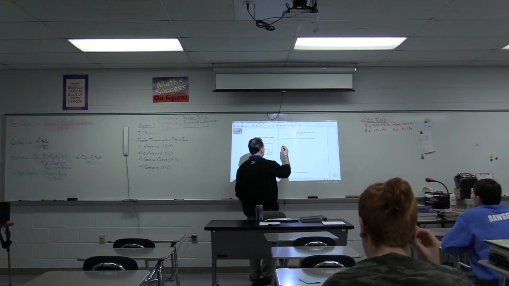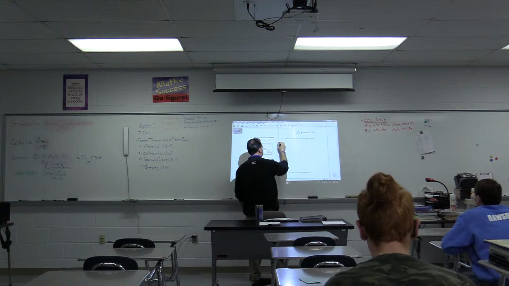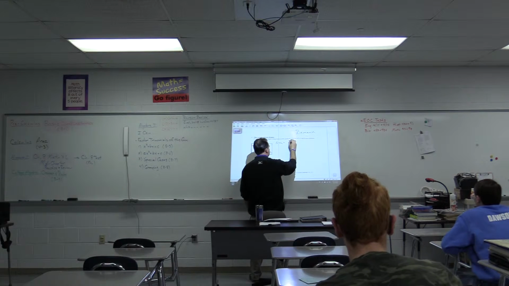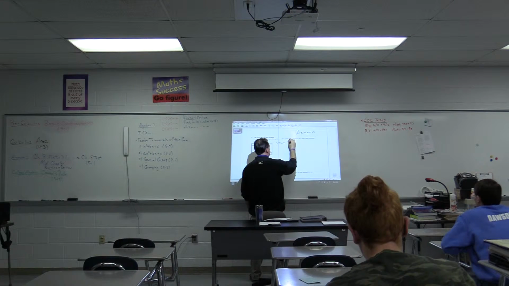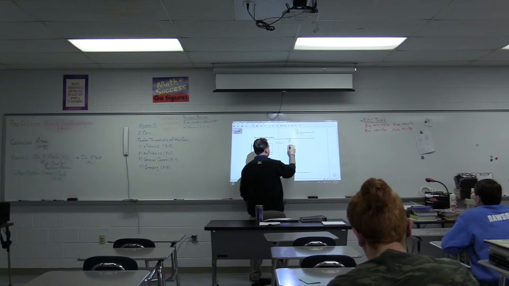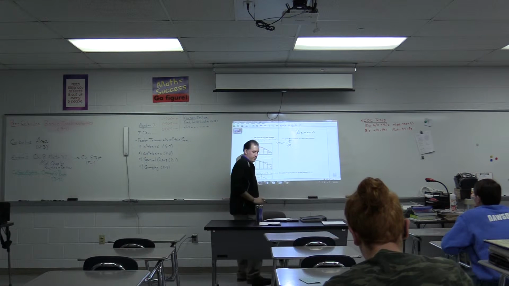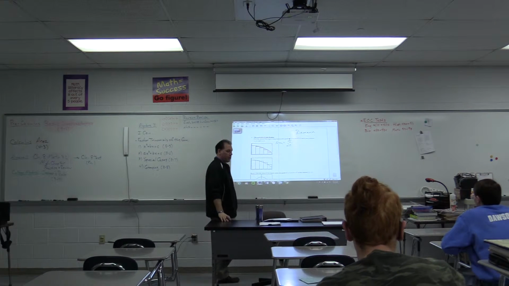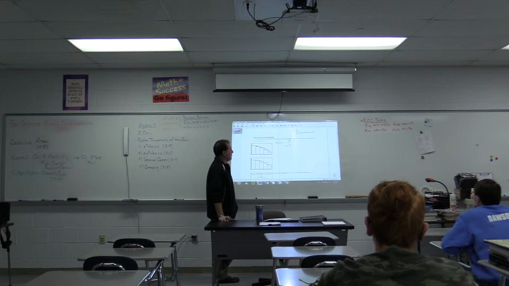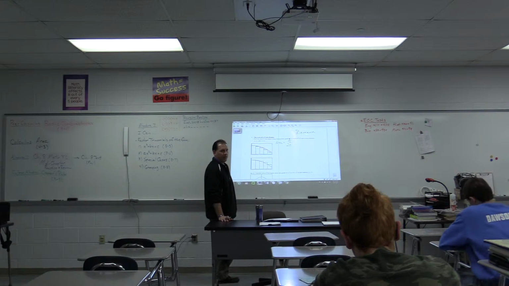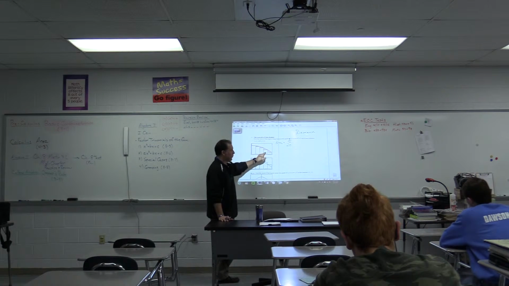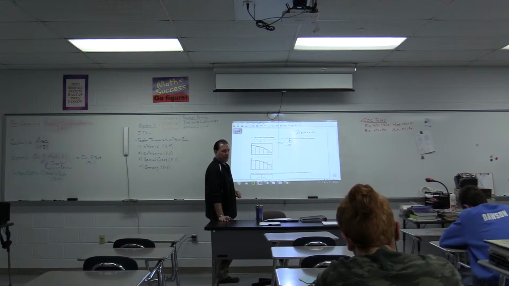Okay, got 5. So we know we're going from 1 to 5. First, second, third, fourth, fifth. That's why it's from 1 to 5, first interval up to the 5th interval.